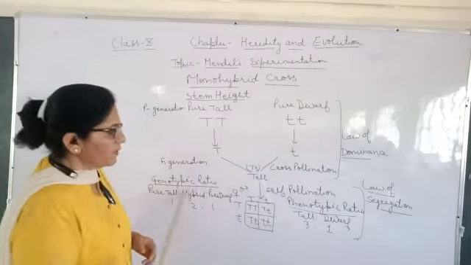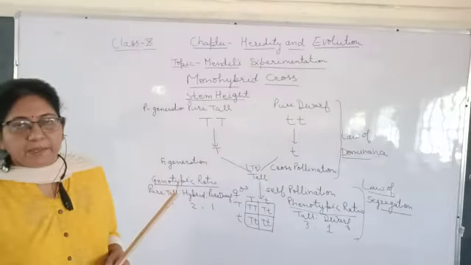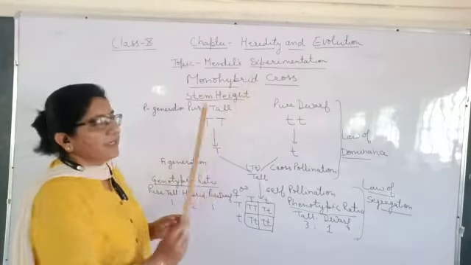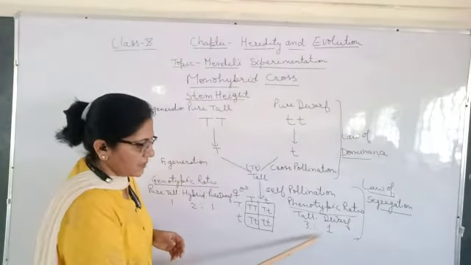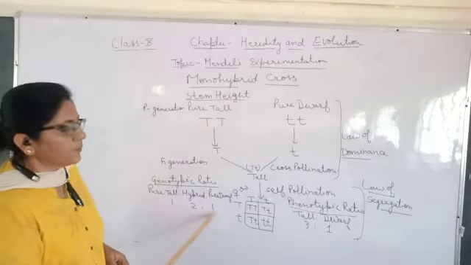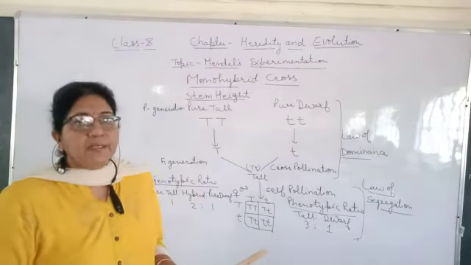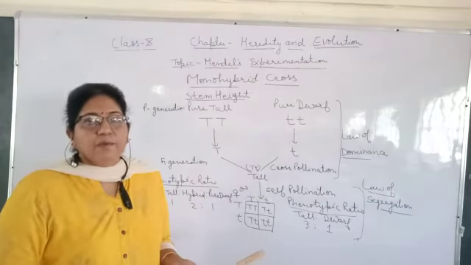So they come out with both characters, phenotypically as well as genotypically. So in the monohybrid cross, the phenotypic ratio is 3:1 and the genotypic ratio is 1:2:1.